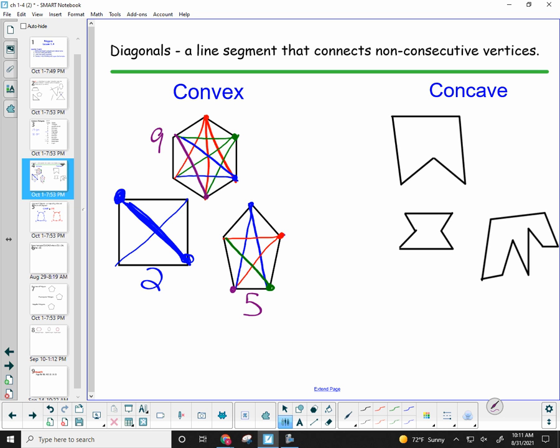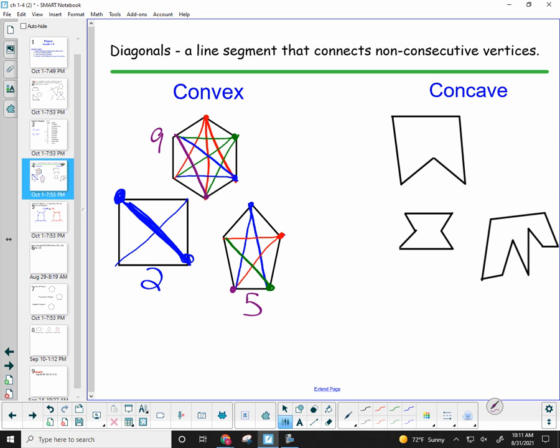But the reason we teach you about diagonals is because, notice, barring my sloppy drawing and my big points here, all of these diagonals are contained within the shape itself, right? It's contained within those polygons.